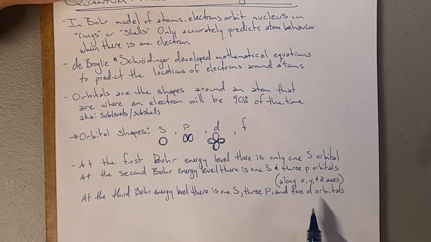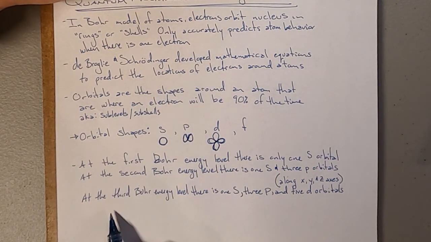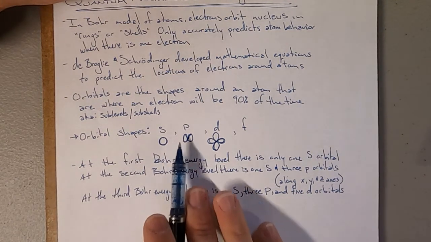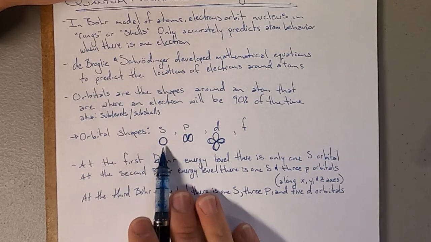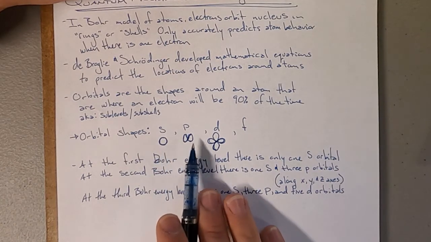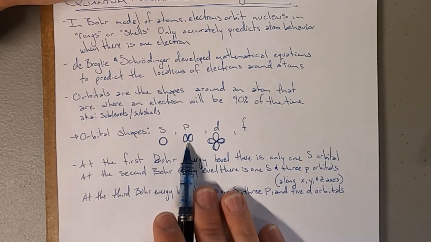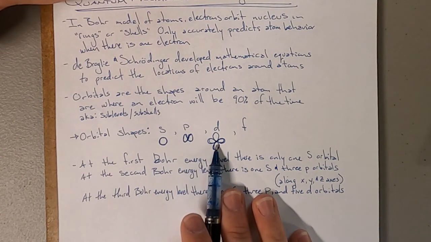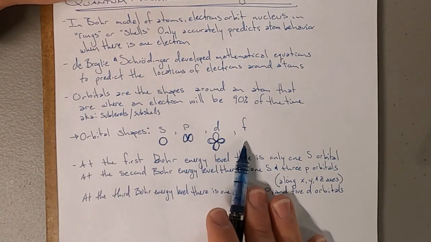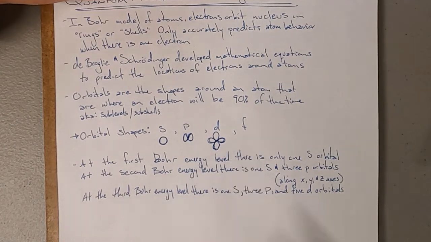And last, at the 4th Bohr energy level, and all of them after that, there are all 4 different types of shapes. There would be one s orbital, 3 different p orbitals, 5 different d orbitals, and 7 different f orbitals.